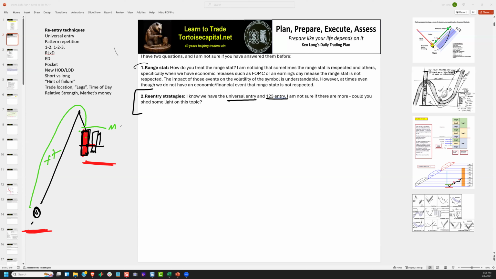This is my new mechanical entry, and we call that a universal entry. What I'm looking for is big, strong moves, and then the bar of exit is here.